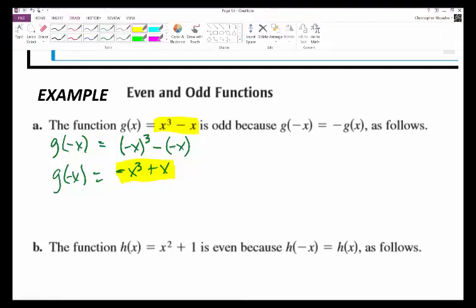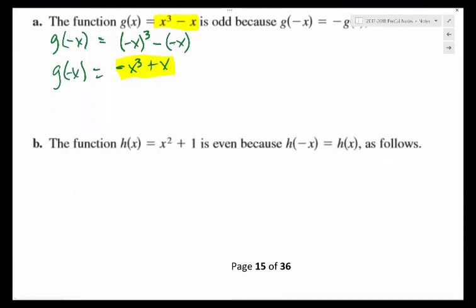But in the second one, the function h of x equals x squared plus 1 is even because h of negative x equals h of x, as follows. So if I take h of negative x, I will take negative x, square it, plus 1. When I square a negative, it is eliminated.